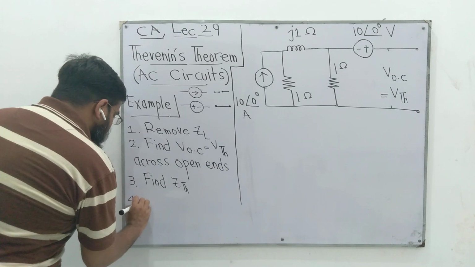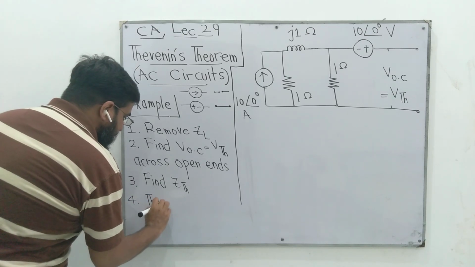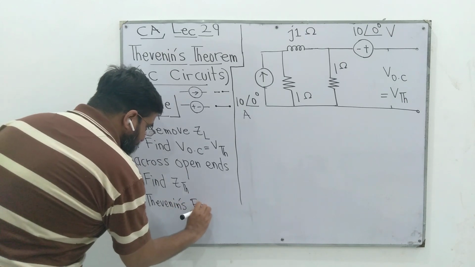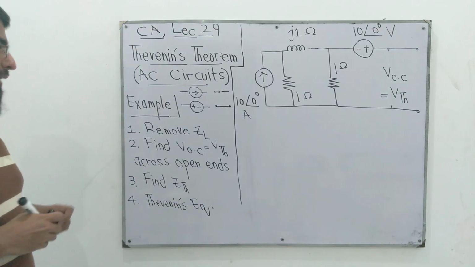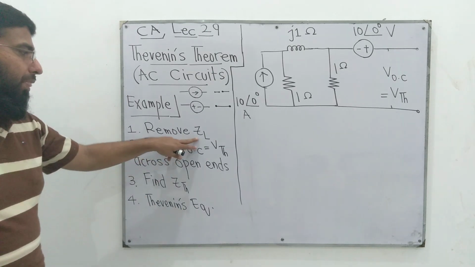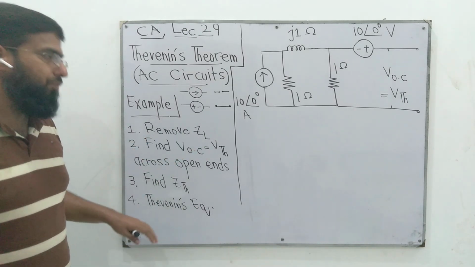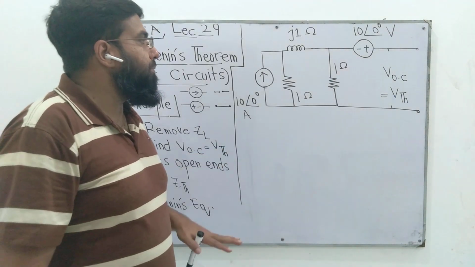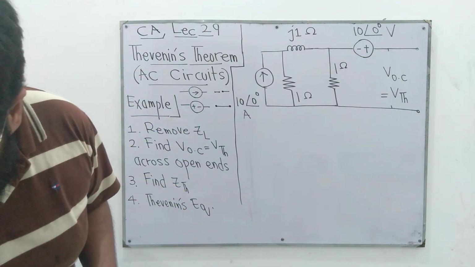Number 4, we'll draw Thevenin's equivalent circuit and we'll find the unknown quantity by putting back the ZL that we removed in step number 1. So let's solve this step by step.